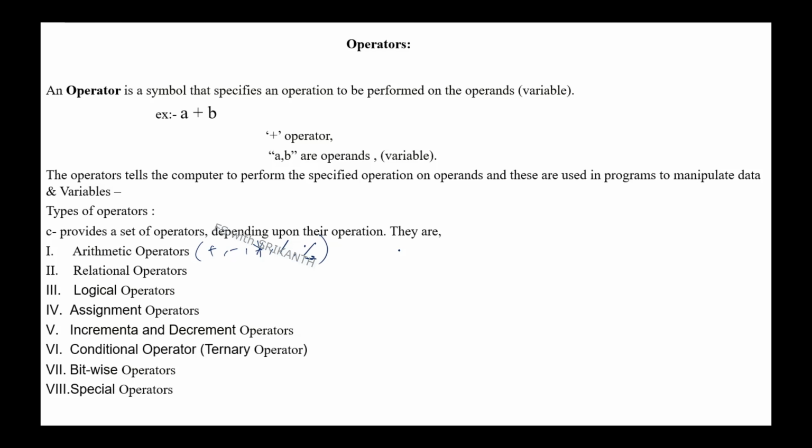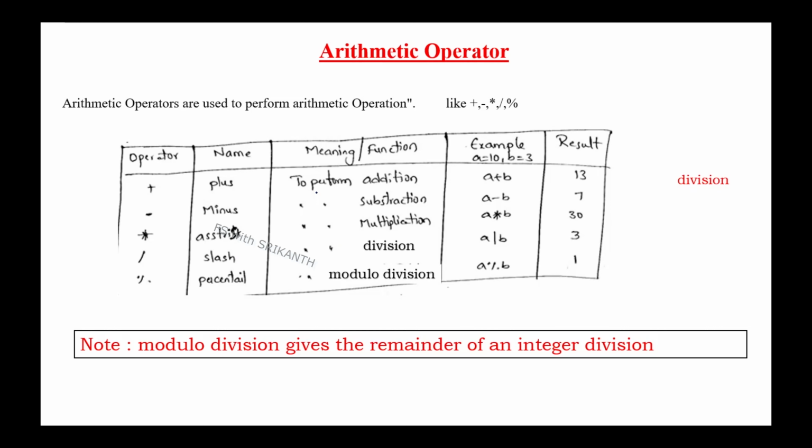Right now we consider these as binary operators, although plus and minus can also be unary. Arithmetic operators perform arithmetic operations.